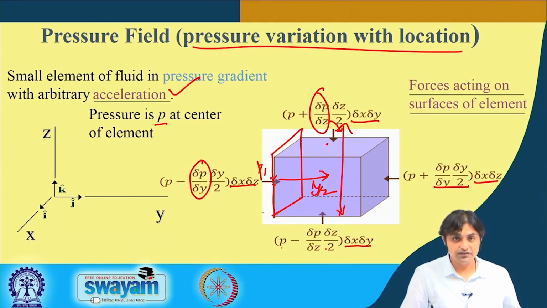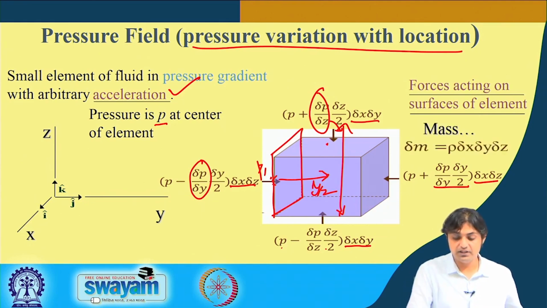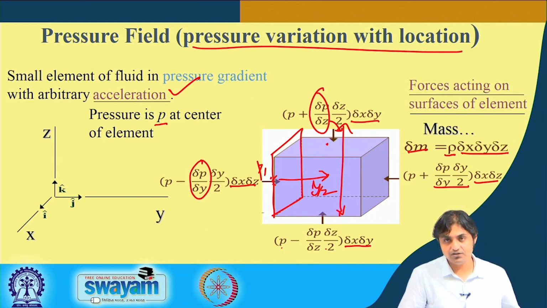I think now you should be able to write these terms on your own. So what is the mass of the element going to be? Very simple. The delta m is going to be density multiplied by volume. Volume is very simple, delta x into delta y into delta z. So we have now written most of the things in one of these directions.